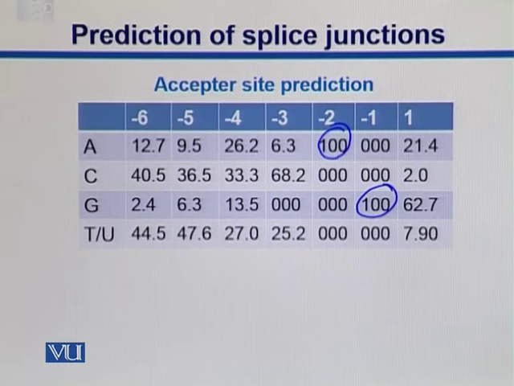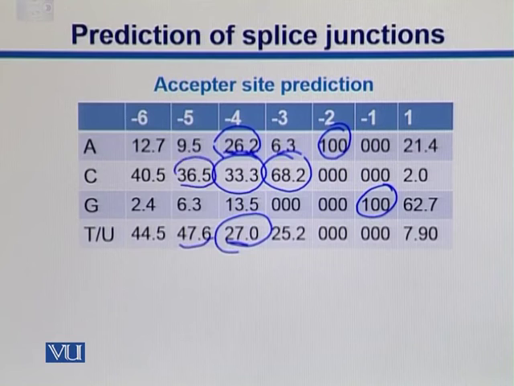But if we look into the neighbors, at position -3 there are mostly C's, and at position -4 it may be C, or it may be T or U. In the case of DNA it's T, or in the case of RNA, if you are comparing, it's U. They are comparable, but C is mostly present. If we look at -5, we see the proportion of T and U is higher than C's.